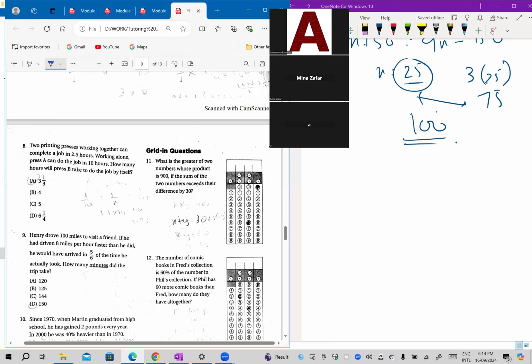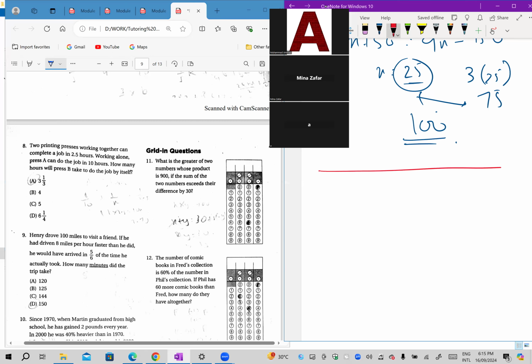Okay, so this question says you've got two printing presses here, and let's look at the times they are taking. Two printing presses, working together, can complete a job in 2.5 hours.